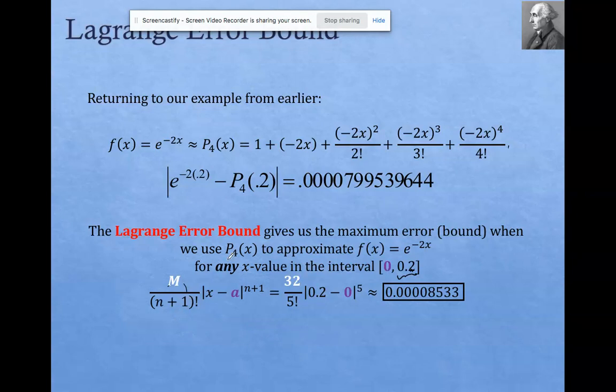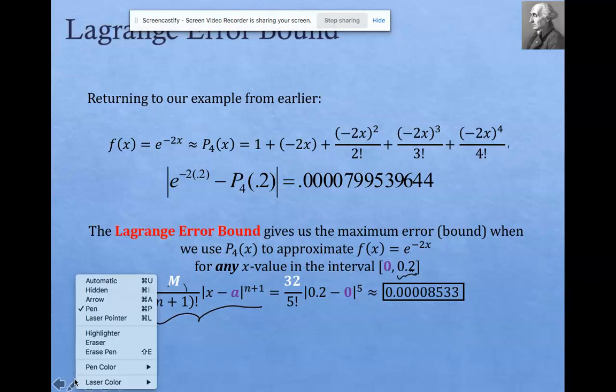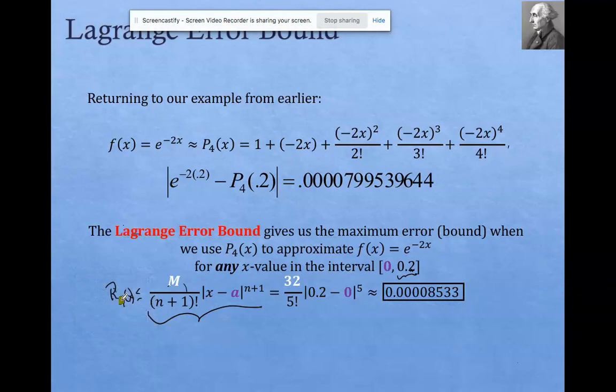For me, since I used this, this would be R sub 4 of x is less than or equal to this expression, where, since I had R of 4, my remainder after the fourth order was 4 plus 1, or 5 factorial. X minus a was, right?